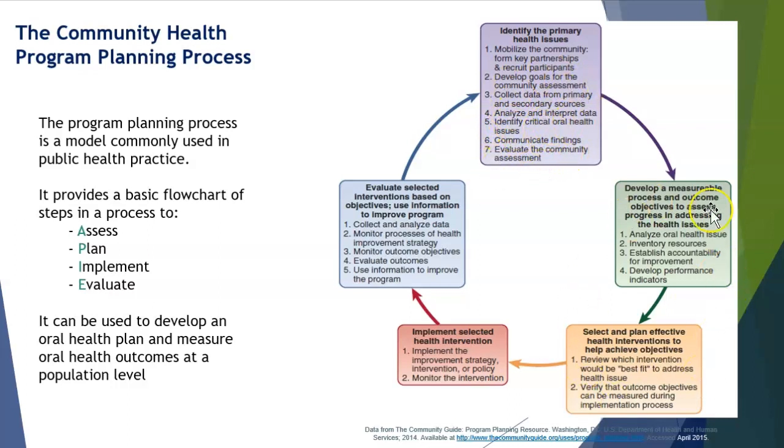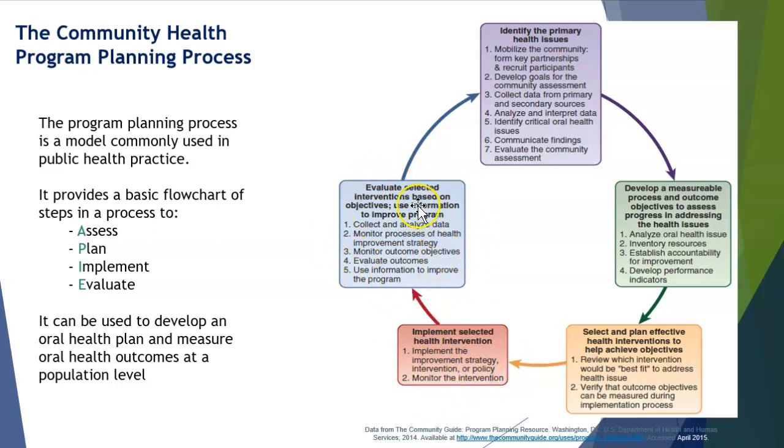Once that is done, you would then plan. You will then decide which need is most important, and you would plan on how you could meet that need. Then you would implement. So this is when you're actually doing the virtual presentation. This is when you're actually maybe going to the facility to offer the education or to offer even fluoride services. And then you would evaluate.